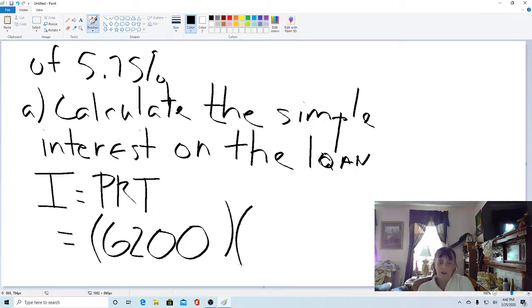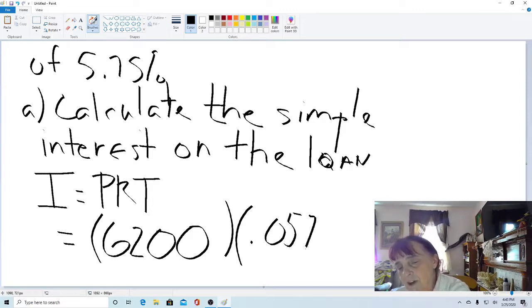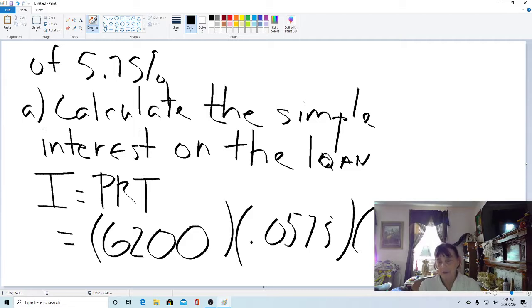Okay, that's 5.75%, but it's very important that you change it to a decimal, which means you drop the percent sign, you move your decimal point 2 places to the left. So you have 0.0575, and then you multiply it by the time, which is 30 months, and you make that 30 over 12.